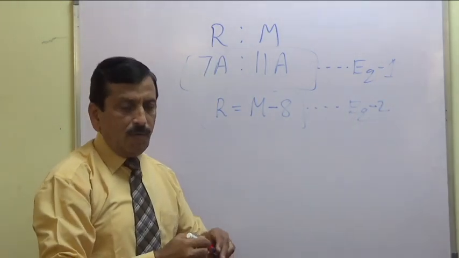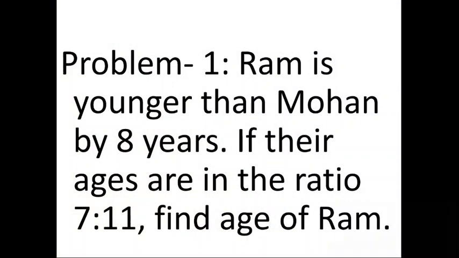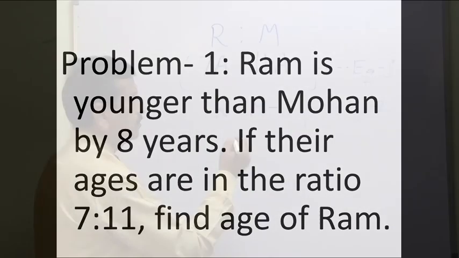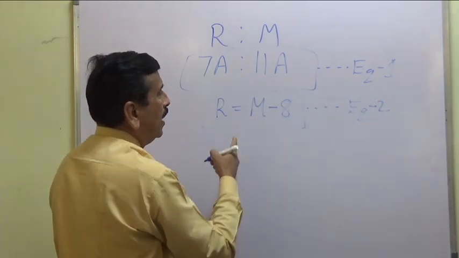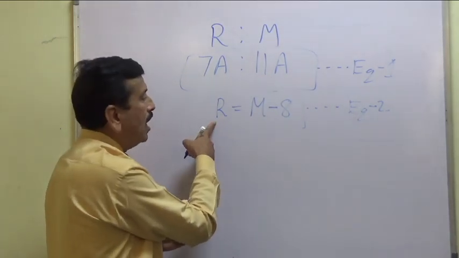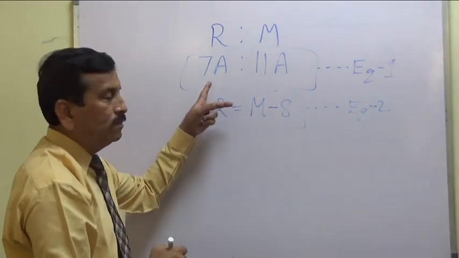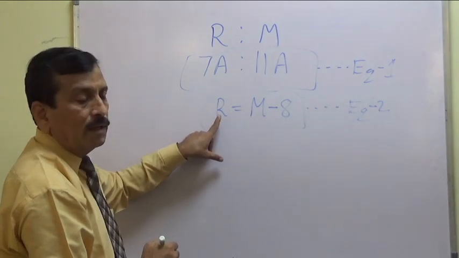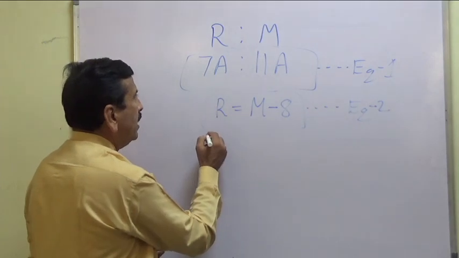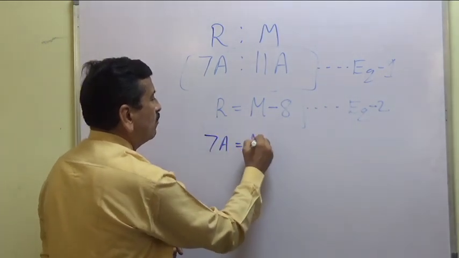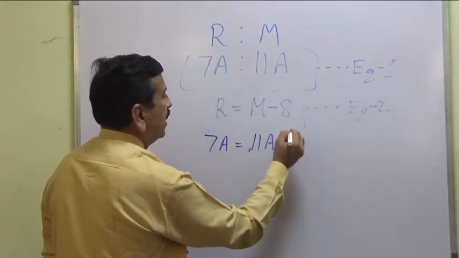We have equation number 1, 7a is to 11a, and the next equation is r is equal to m minus 8. Now with these two, we will try substituting the value. Now r is 7a, which is equal to m, 11a, minus 8.